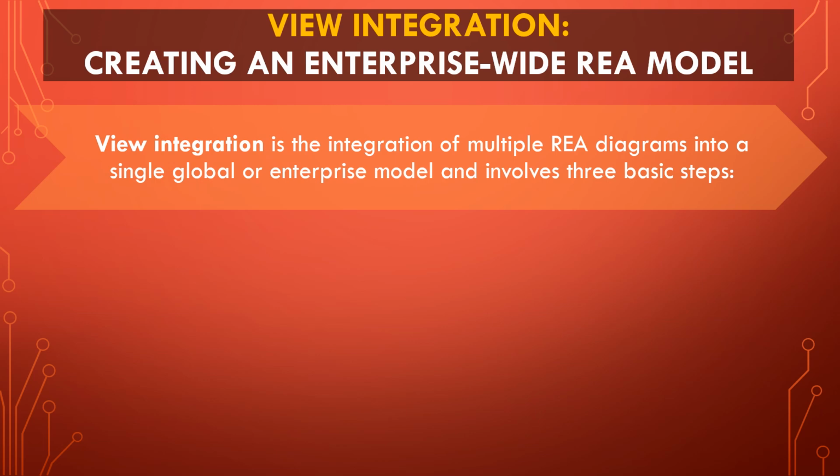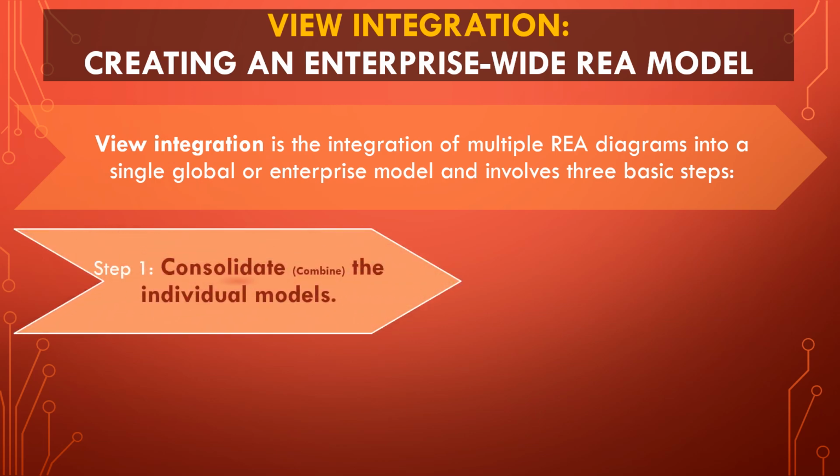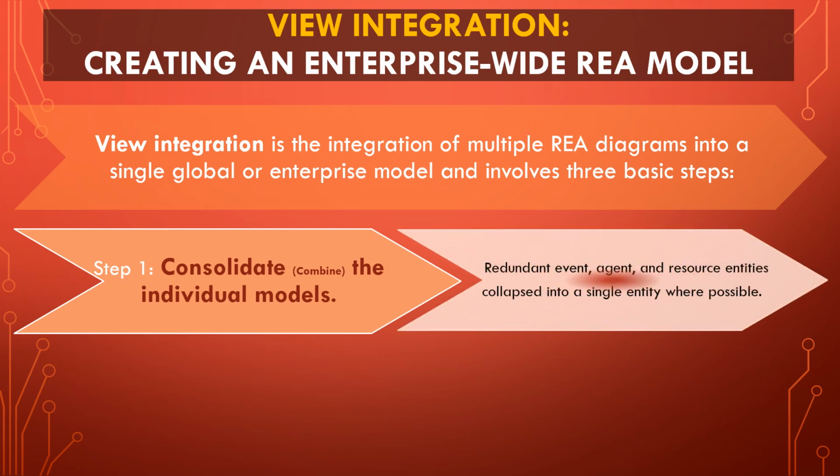Step one is to consolidate or combine the individual models. So we create the individual REA models, and then we combine them. How to combine? By checking for redundant event, agent, and resource entities, and combining them into single entities where possible.